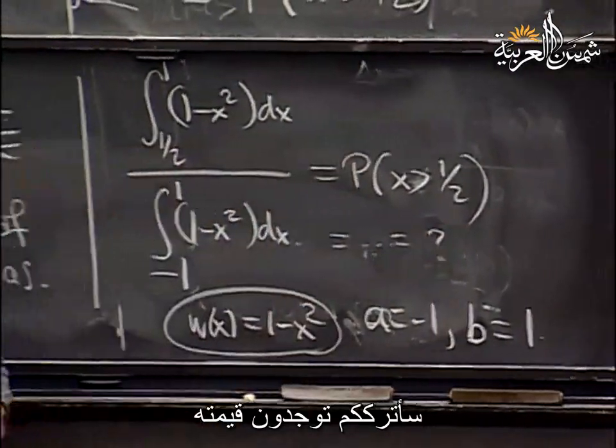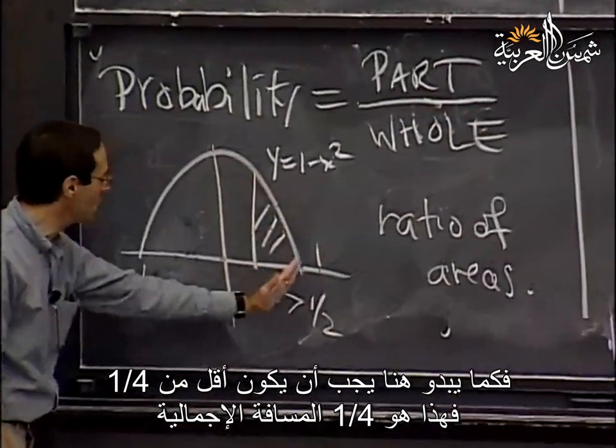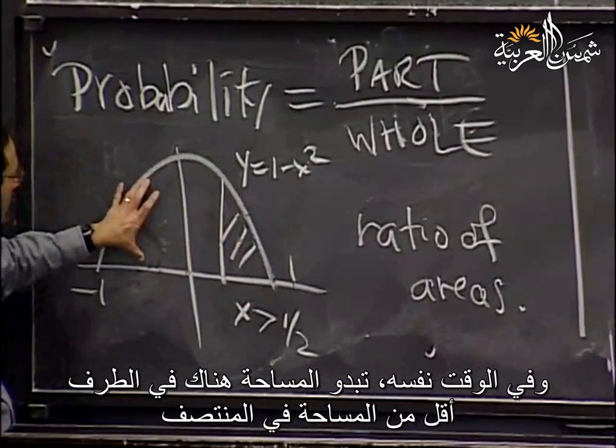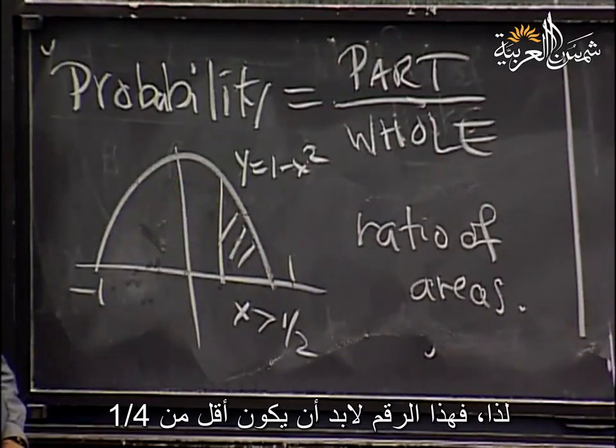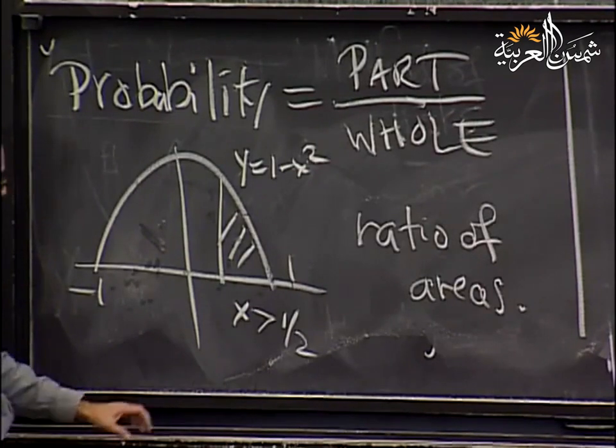I'll let you calculate it out. It looks like it should be less than a quarter here because this is a quarter of the total distance and there's a little less in here than there is in the middle. So in fact, the answer probably should be less than a quarter.